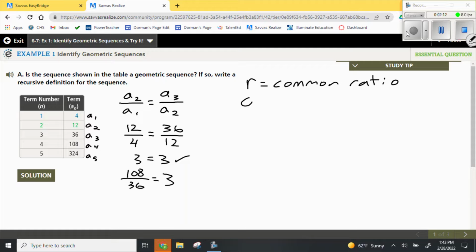Another term that we've just picked out is that a sub 1 is our first term. And we'll find that we can refer to a sub n as any nth term of the sequence.